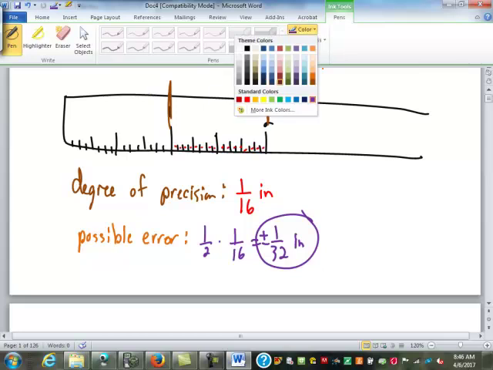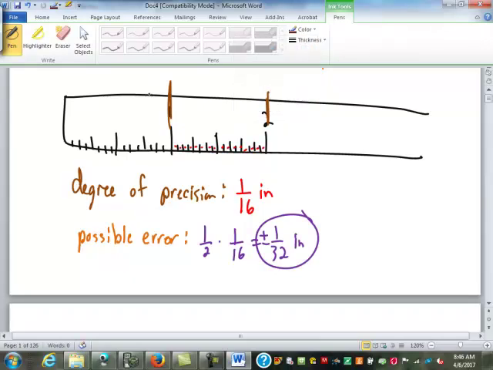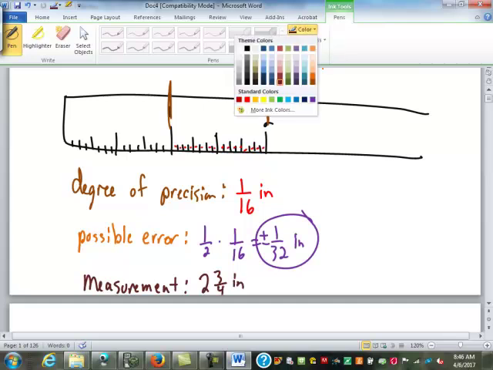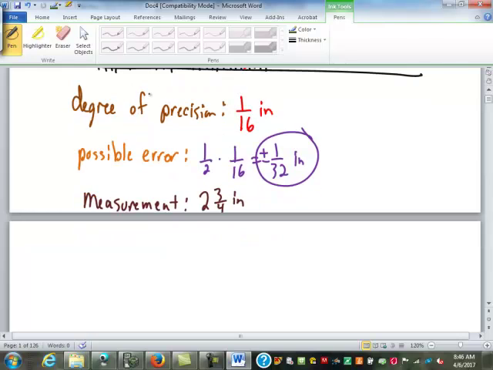Yeah. So if something is measured, you get a measurement off there that says that it is 2 3/4 inches. What is the implied range of that?